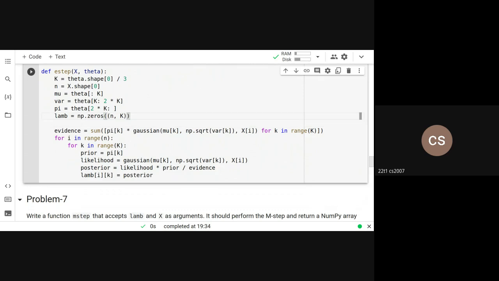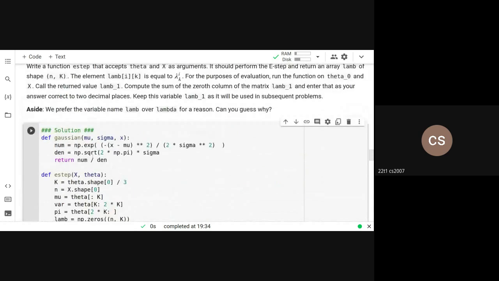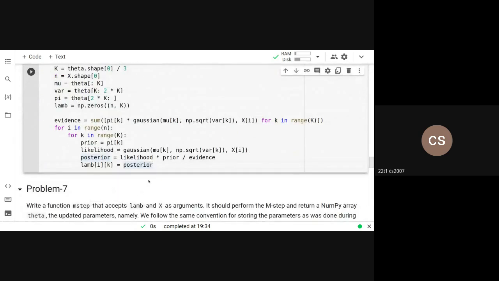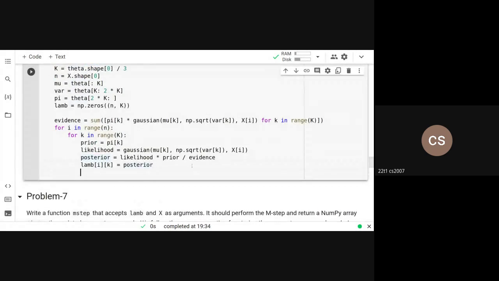Rows are the number of data points, n data points, and k columns. So lambda will be of shape n cross k. For each of the data points, for each mixture, find the prior and likelihood, then compute the posterior. And lambda ik is nothing but the posterior. That's the E step: use the thetas to get the lambdas. So we return lambda.